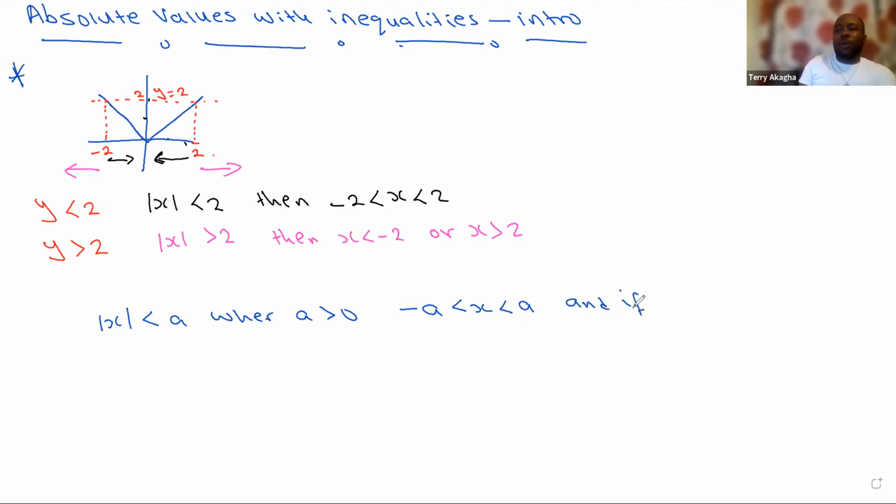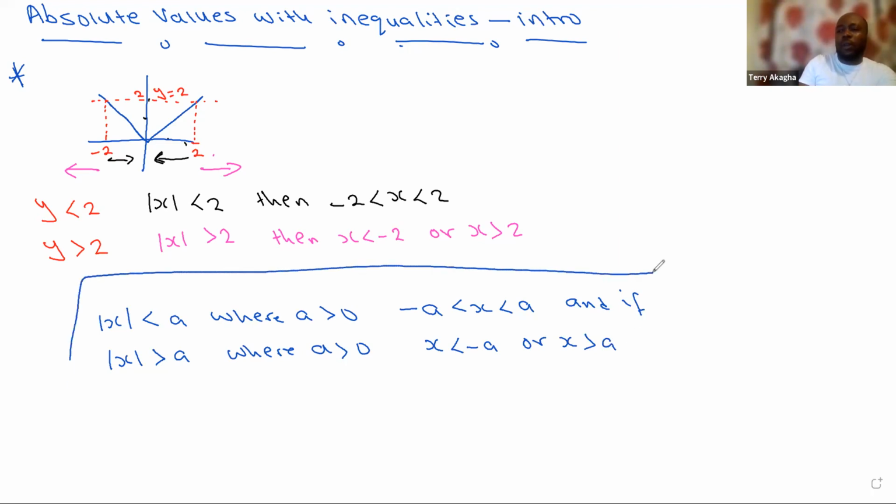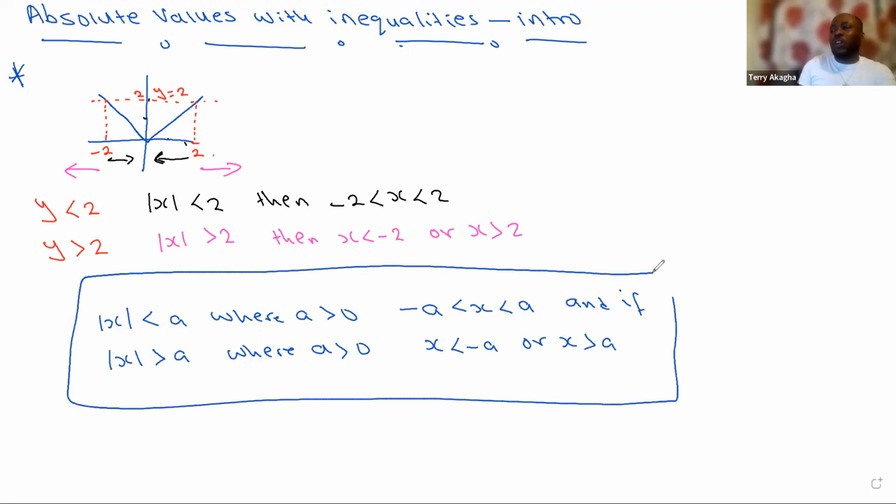And if it's the other way around, that is the modulus of x is greater than a, where a is greater than 0 as expected, then x will be less than -a or x will be greater than a. So this is what we call the general formula or equations that you need to have in mind.